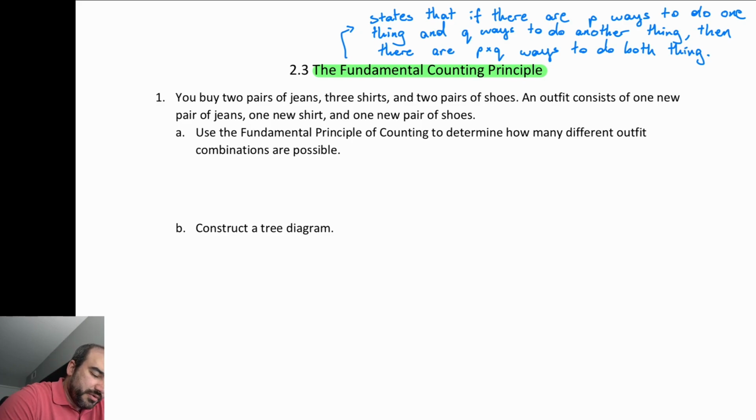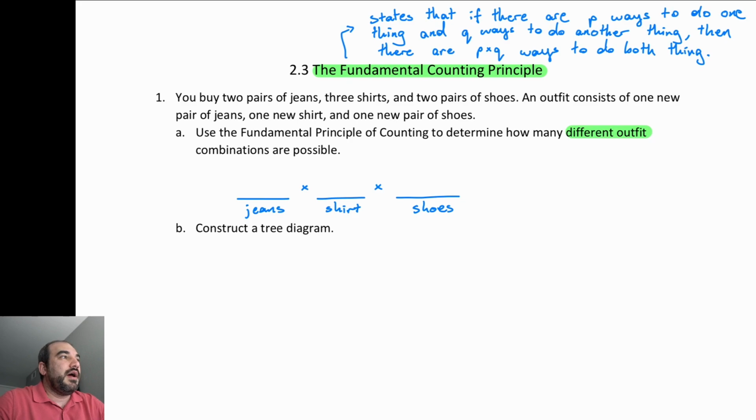So what we do in this situation is we split our main task, which is an outfit, into its 3 components. So to make an outfit, we have to have jeans, a shirt, and shoes.